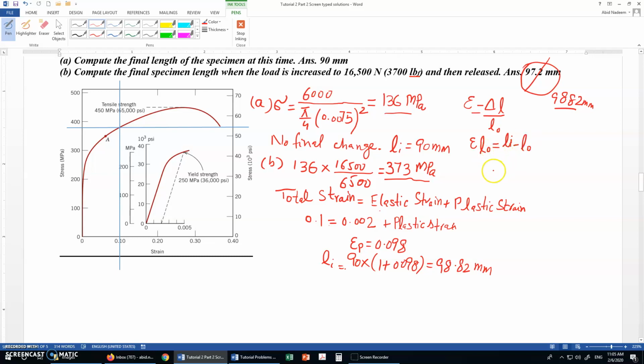If you rearrange this equation, we can write Li is equal to L naught times 1 plus epsilon. So we use this form of the strain equation to calculate this.